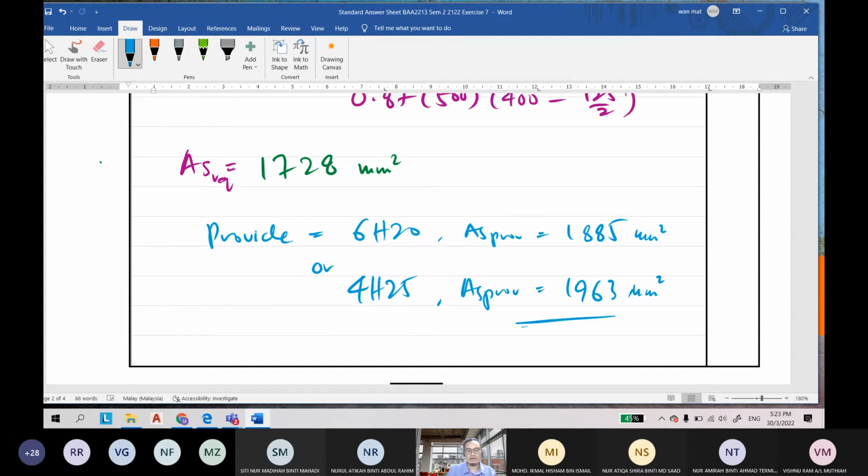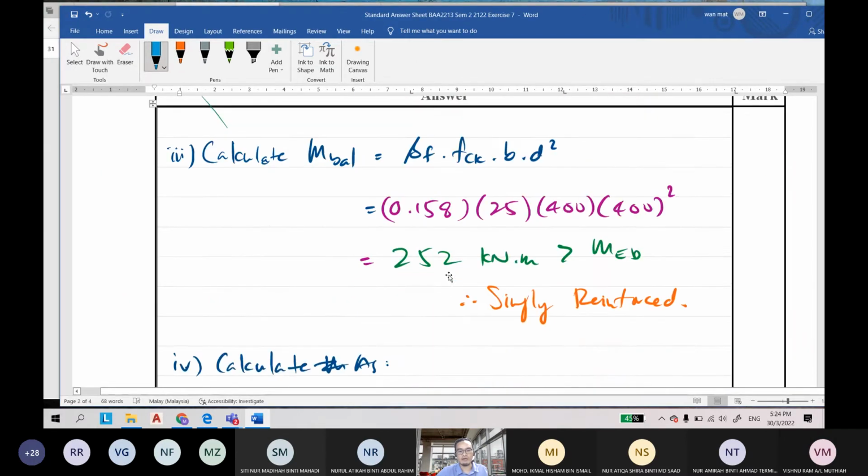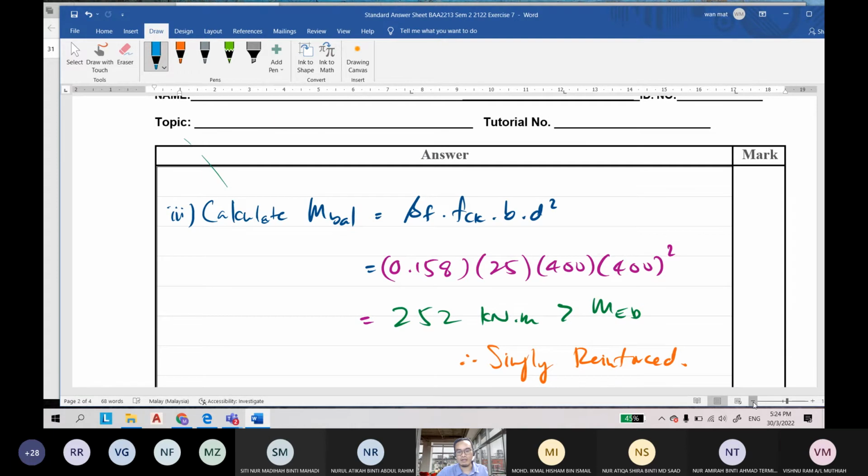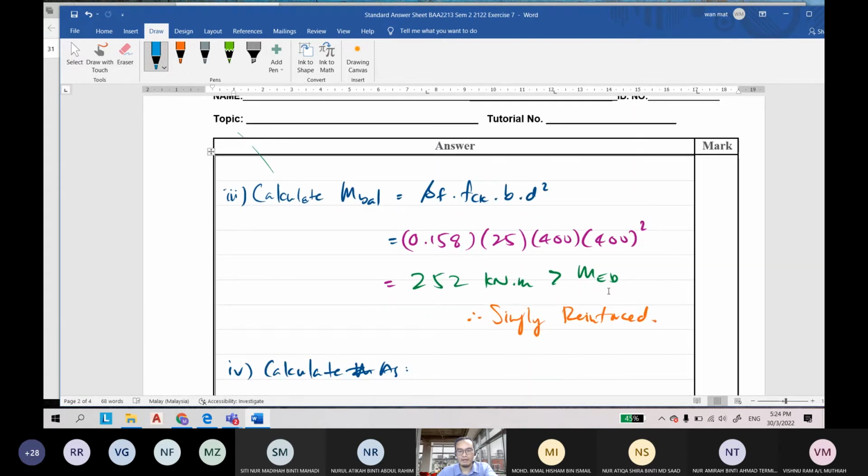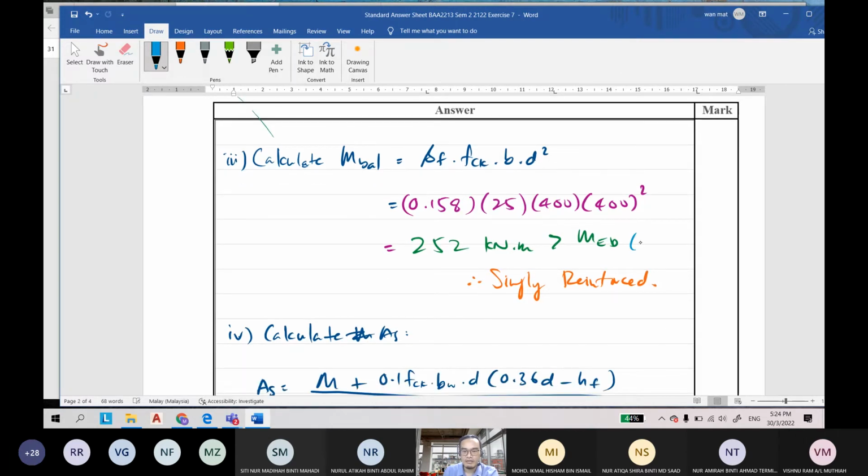So this is our example exercise number 7, but this one is for singly reinforced because the MED, which is 250, is lesser than M balance.